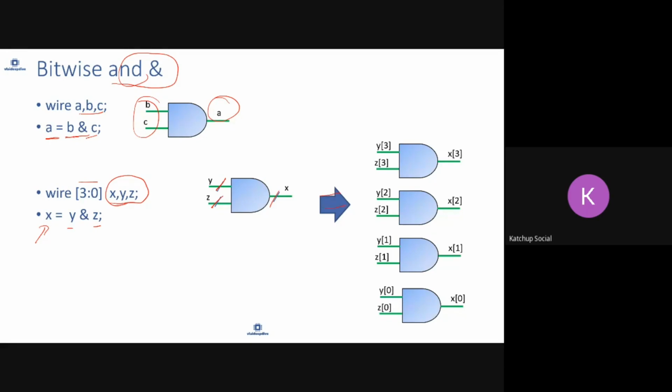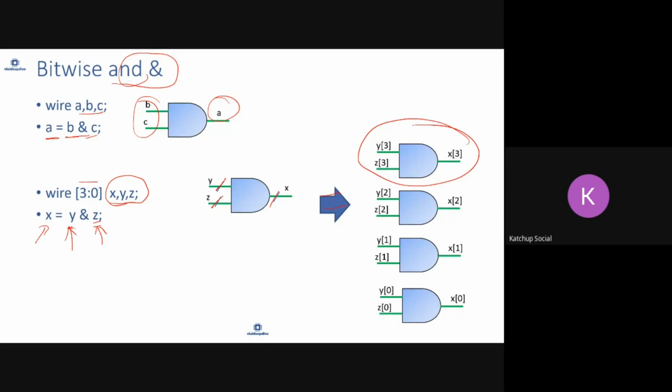This will create 4 AND gates. X3 will be the AND of Y3 and Z3. So individually, it is happening bitwise. The operator is working on each bit. It will take each bit of these and do the operation. So that's why it's important to have these two be of the same size.